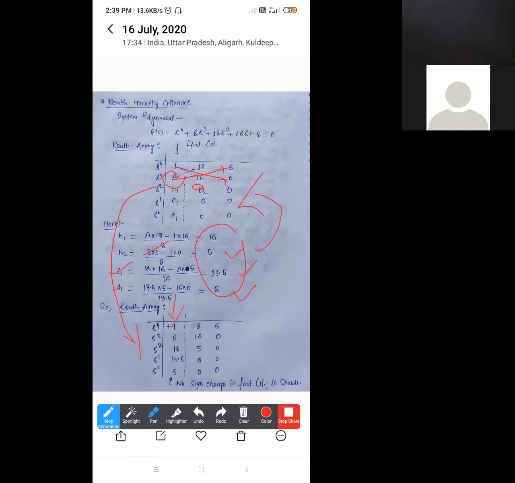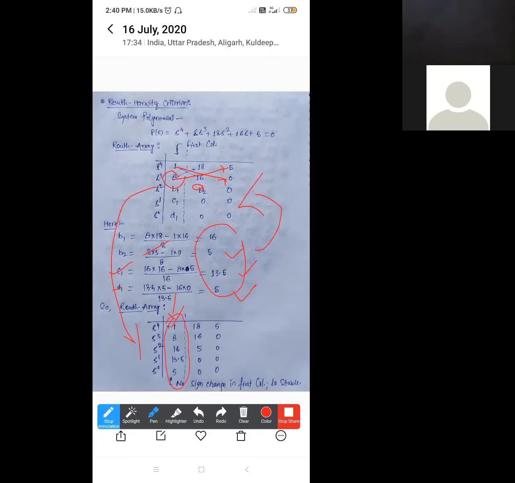Listen carefully: if there are no sign changes in the first column, it means no pole of the system lies on the right half of the s plane and the system is completely stable.